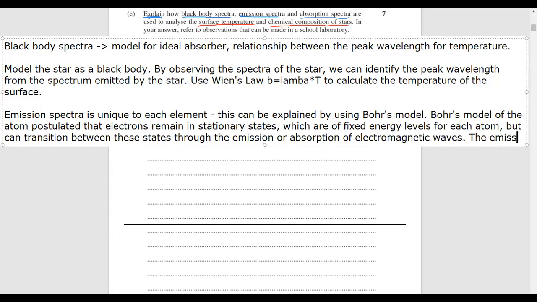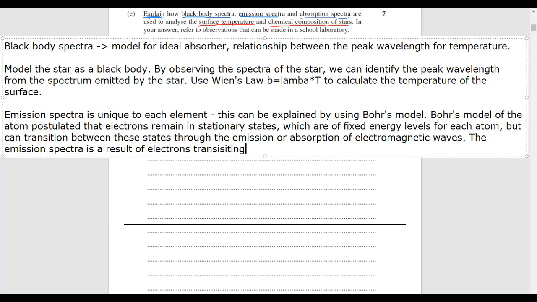The emission spectra is a result of electrons transitioning from a higher energy level to a lower energy level. And we might explain a little bit about the line spectrum.